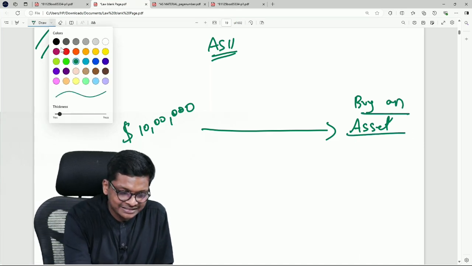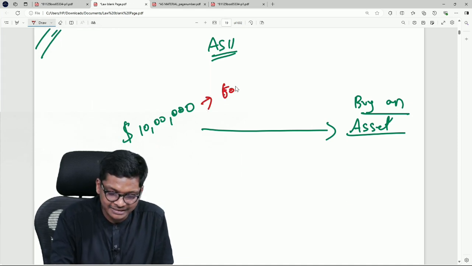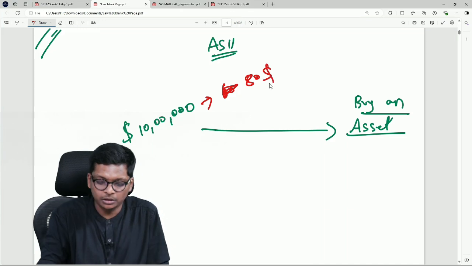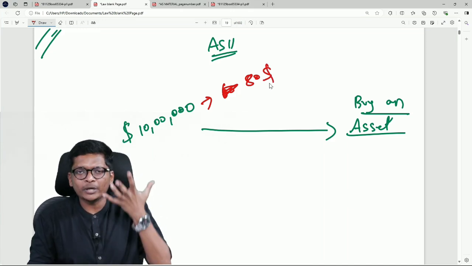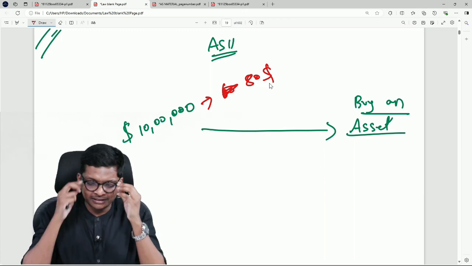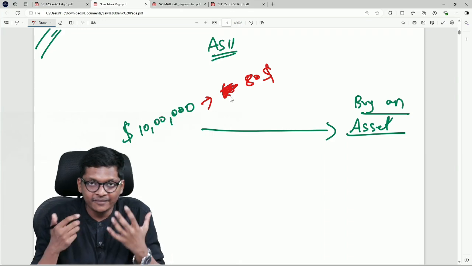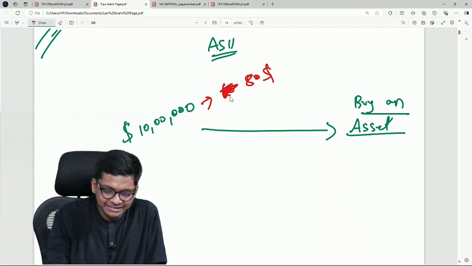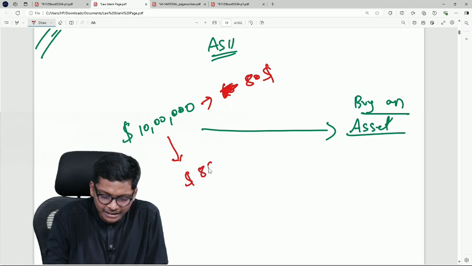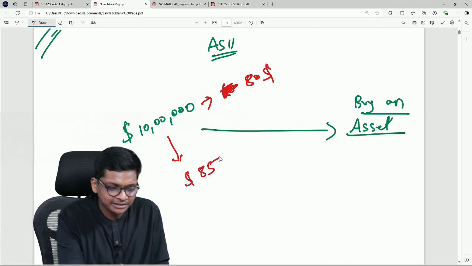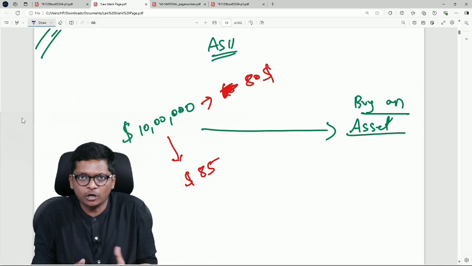Now, let's say when you took the loan was 80 rupees per dollar. But because the dollar keeps growing, it keeps getting bigger because US is one of the most powerful countries in the world, demand for dollar is high. Everybody wants dollars. So let's say after 1 year, this 80 became 85. That means just look at the amount you have to pay extra, only the extra amount.